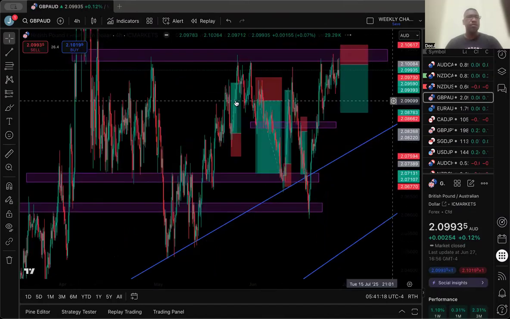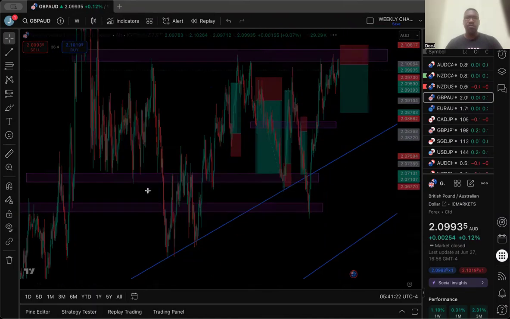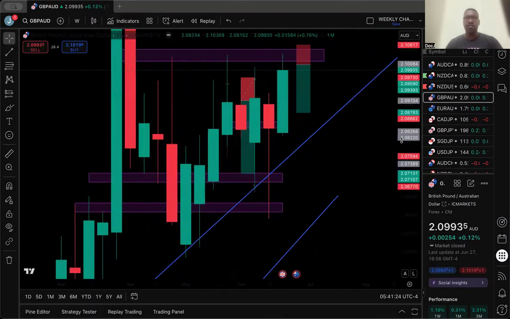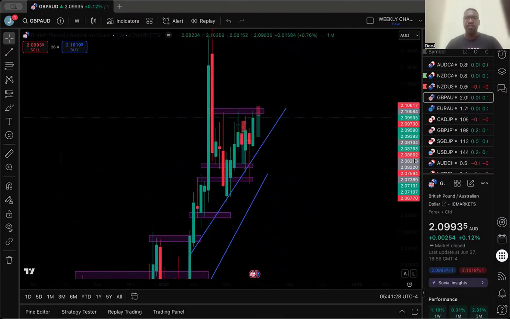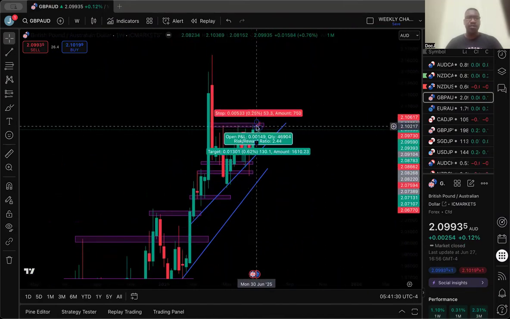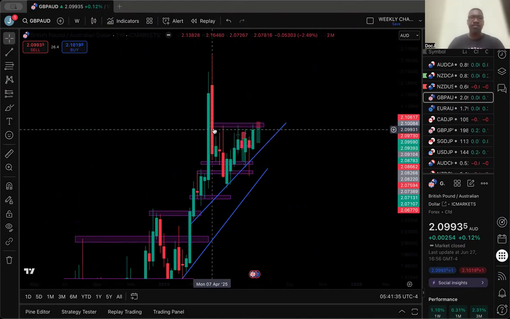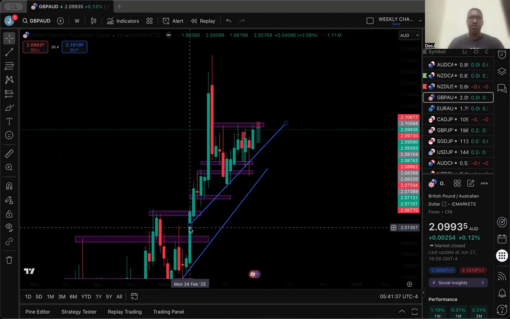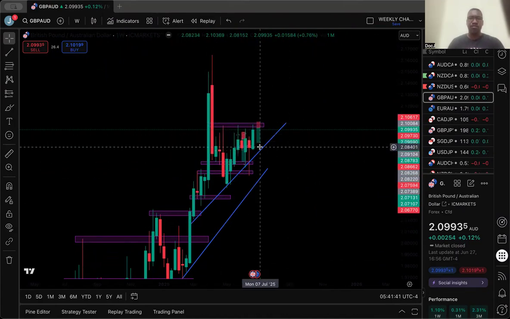All right, GBP AUD. Now, this is a counter trend trade. Price is again at a weekly/monthly high. Whenever price gets to this area, we sell off, but we're in an uptrend at the moment, so this is a counter trend trade.